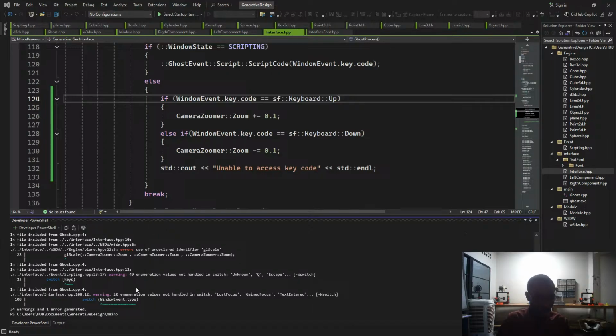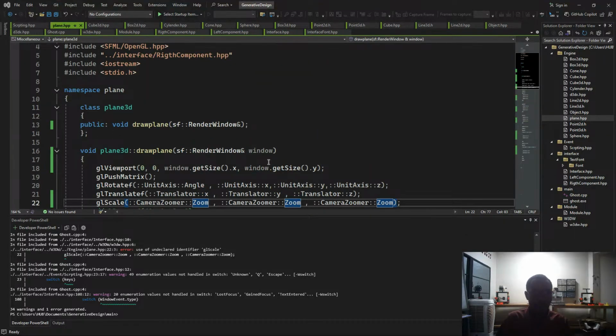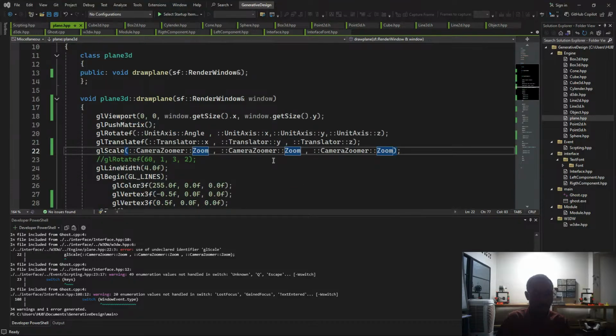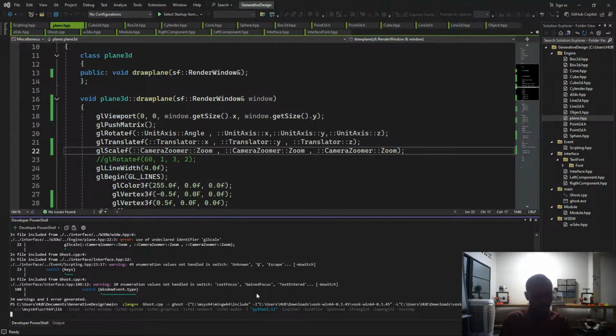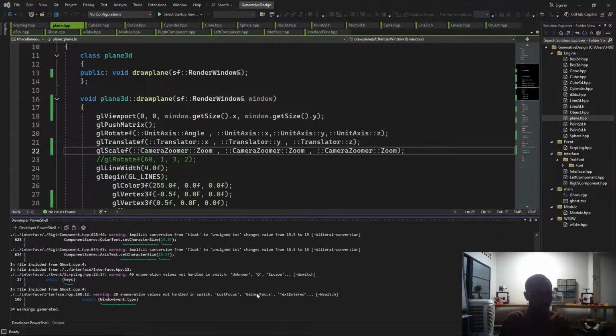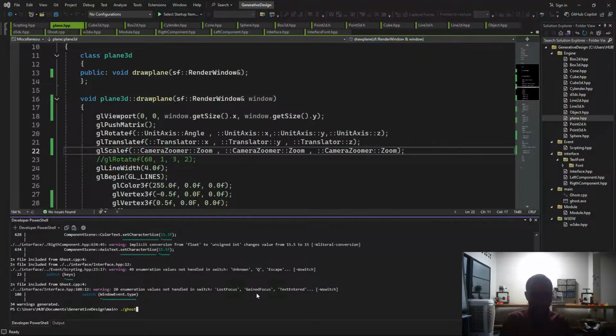However, again, we want the screen to be fine. Like this. One big original, again, it's quite fun.